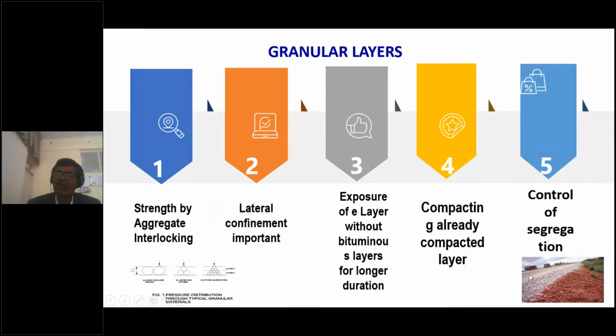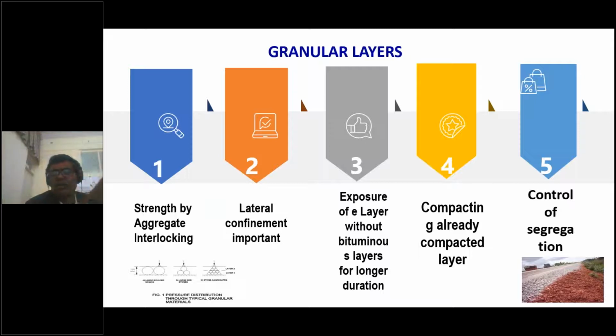Many times it so happens we construct this wet mix layer today. For some reasons there is a delay in construction, and we may not construct the bituminous layer over that. After some time we construct, we may go for DLC or GSB, or we may go for dense bituminous macadam. In between, 15 days, 20 days would have elapsed.